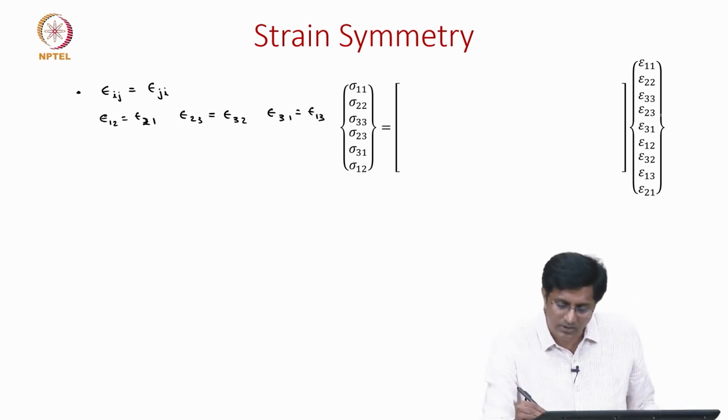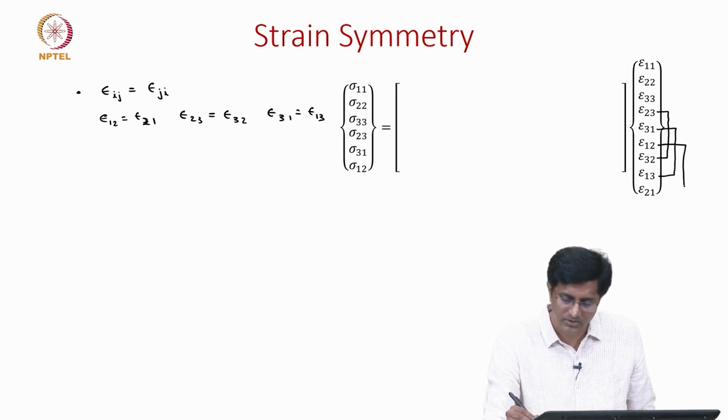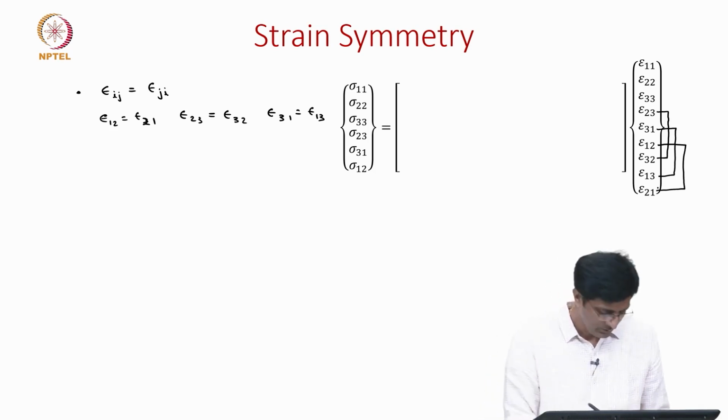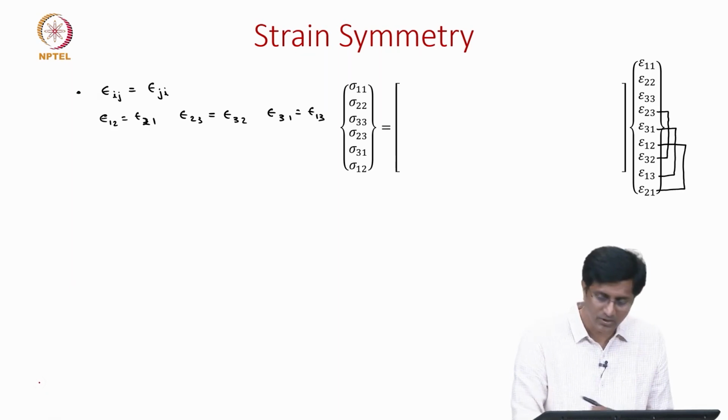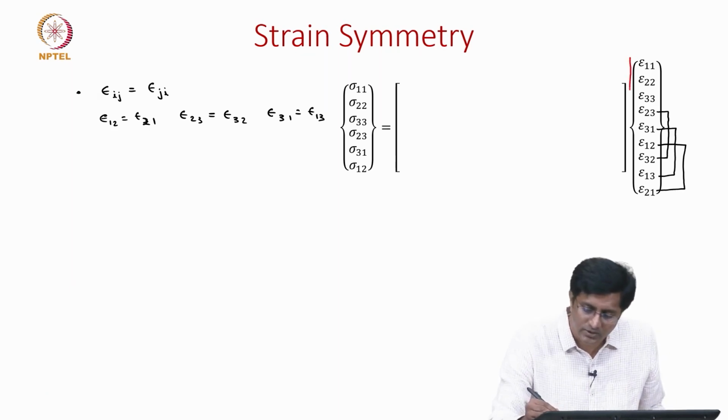So, essentially epsilon 2 3 is same as epsilon 3 2 and epsilon 3 1 is same as epsilon 1 3 and epsilon 1 2 is same as epsilon 2 1. So, essentially we need to only focus on the first 6 strain terms.